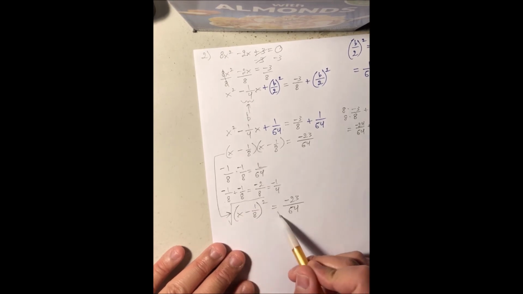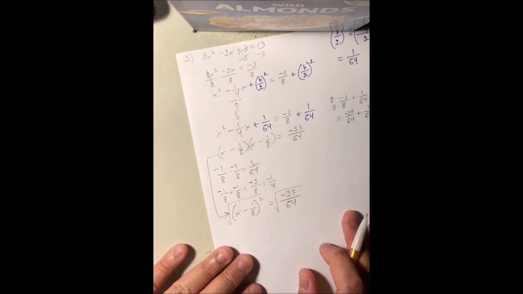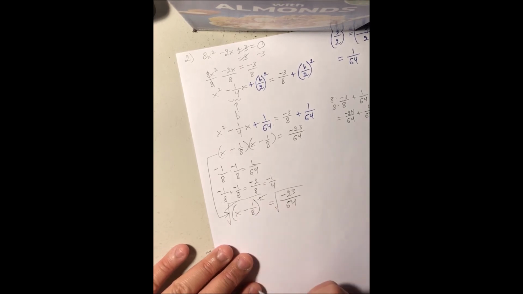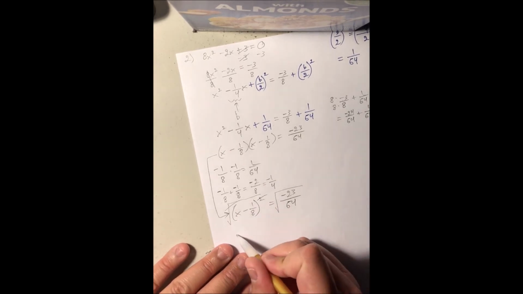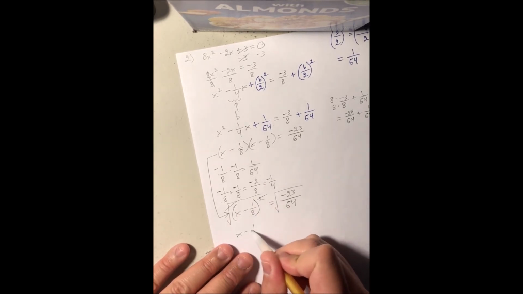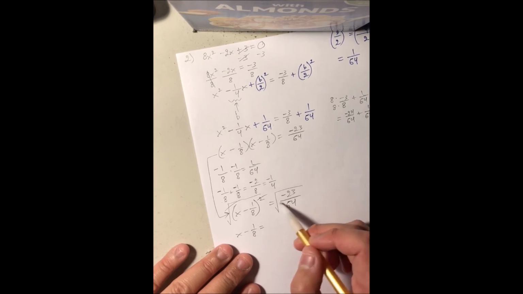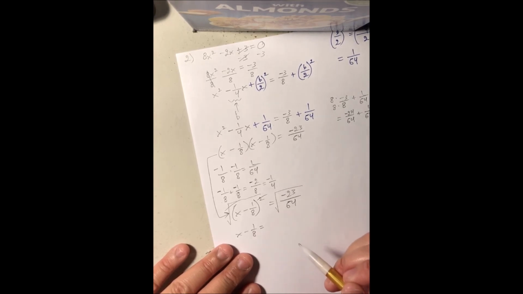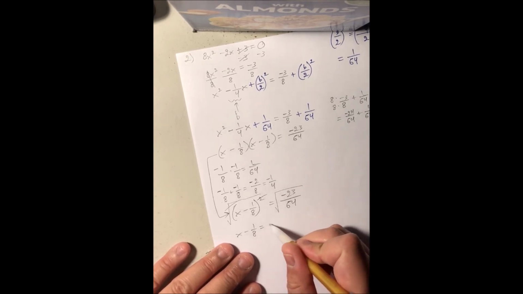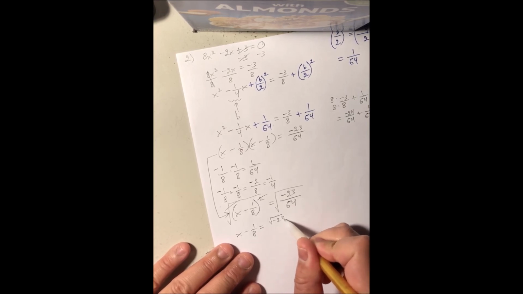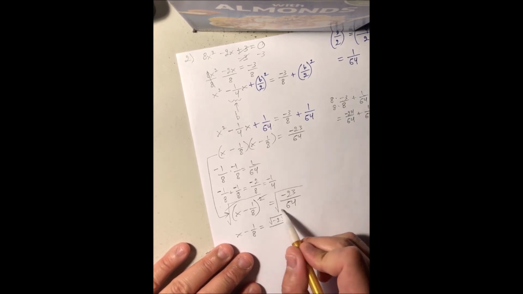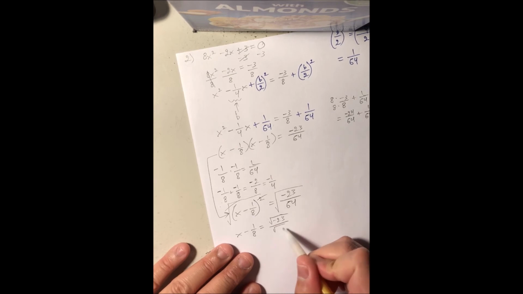Well, I can take a square root of both sides. That's going to cancel out the exponent 2. So left-hand side is x minus 1 over 8 equal the right-hand side. Well, on the right-hand side, I only have division under the radical. So by the law of exponents, I get to put one radical for the numerator and another radical for the denominator.